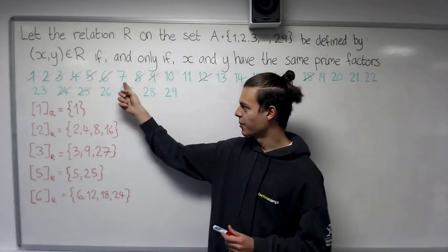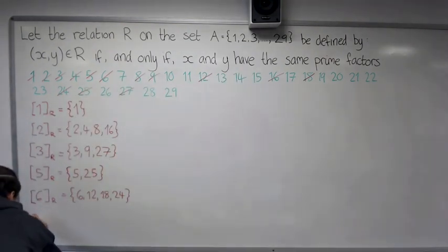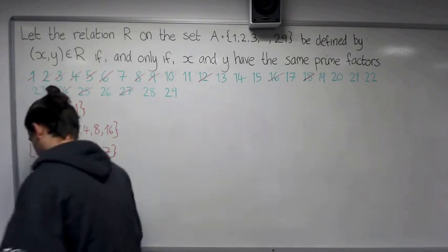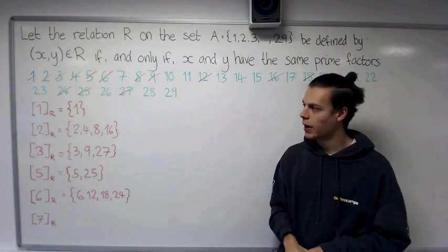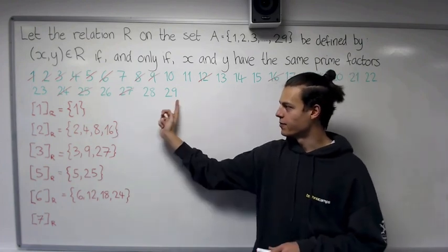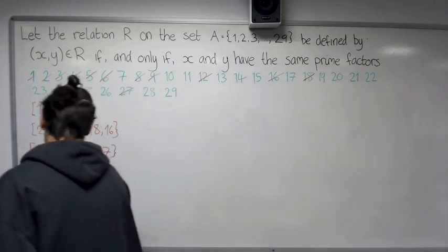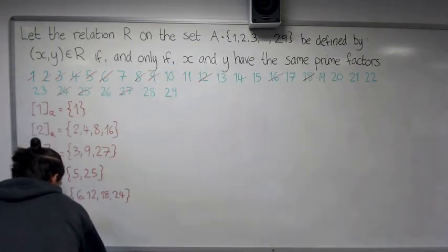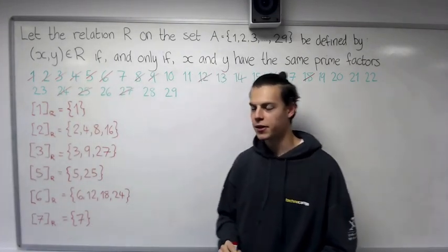Now, the next element we come to is 7. Now 7 has prime factor just 7, and no other number in this range has prime factor just 7. So the equivalence class consists of just 7.